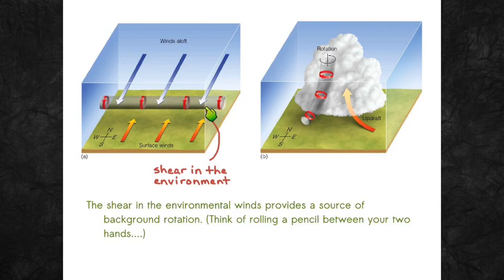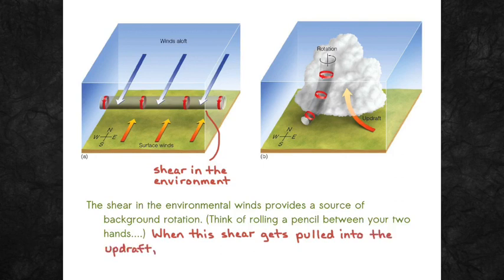And what happens then is that this shear is a source of rotation, and when that shear gets pulled into the updraft of the storm, it ends up spinning about a vertical axis.